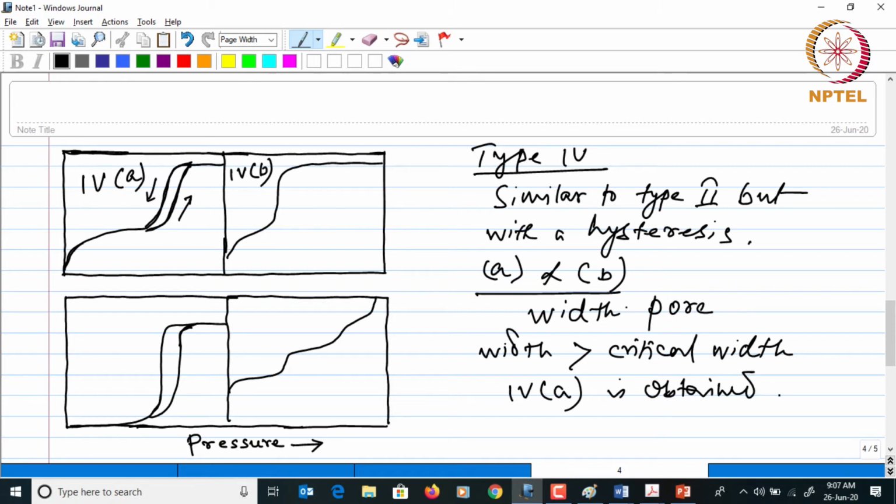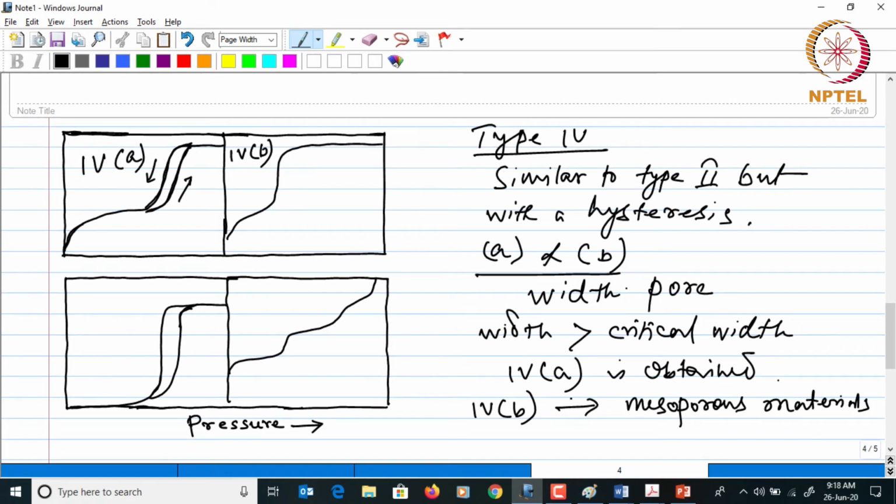On the other hand, type 4B is observed for materials having mesopores of smaller widths, and this type is common for mesoporous materials with pores of smaller width.